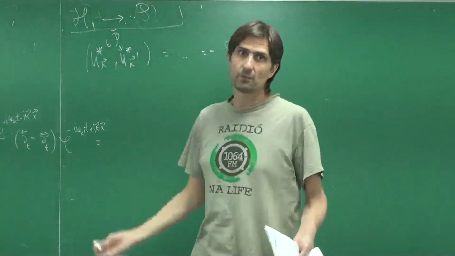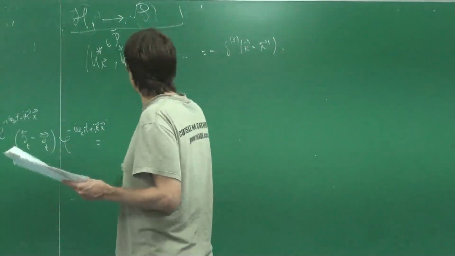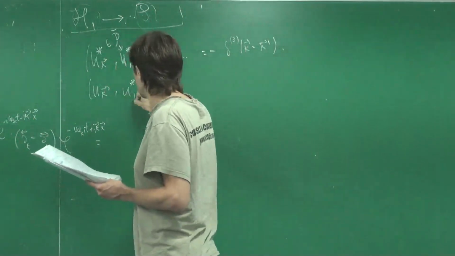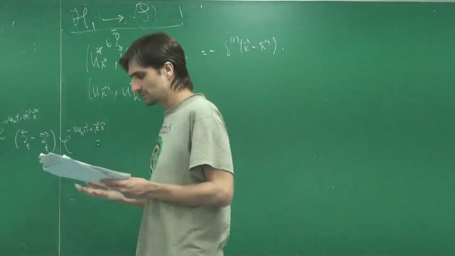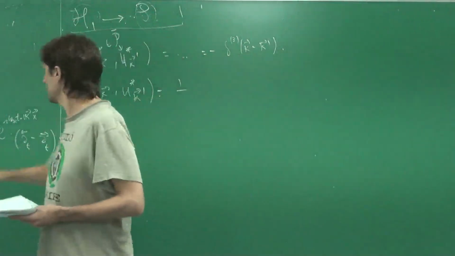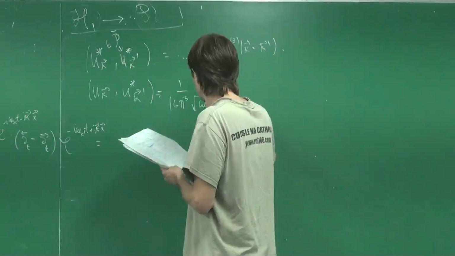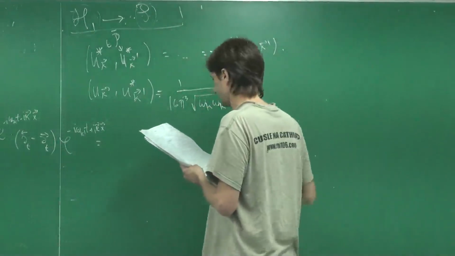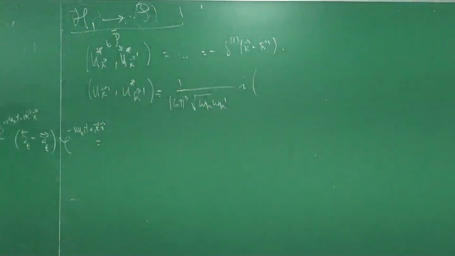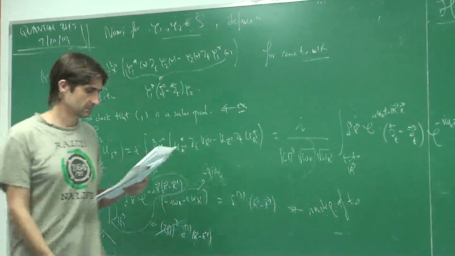And if you take it between UK and U star K, what we're going to get is 16 pi cubed, a lot of it is the same. And now in here, you get to change the sign of one of them, the sign of the K prime.